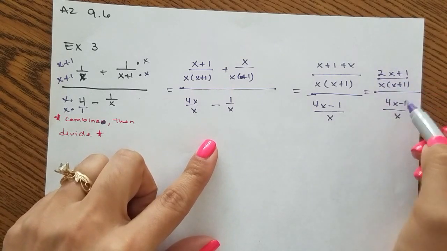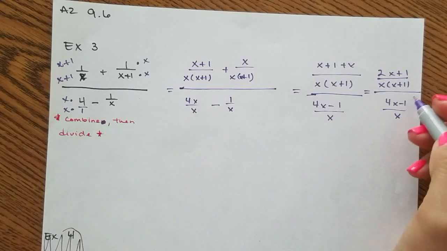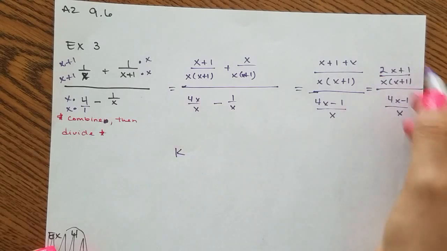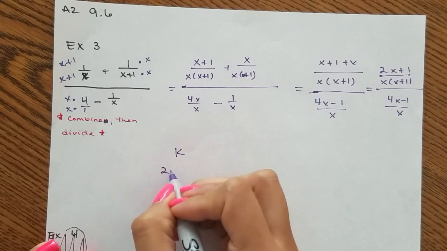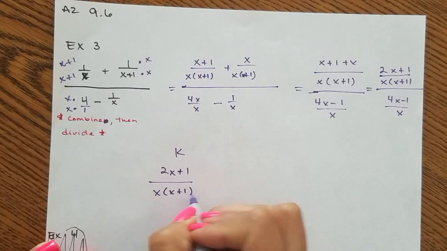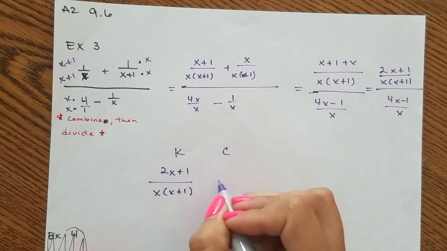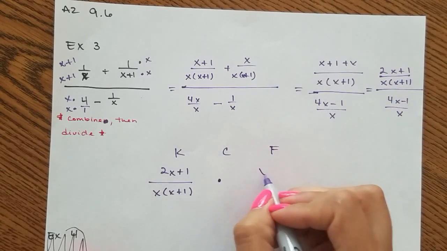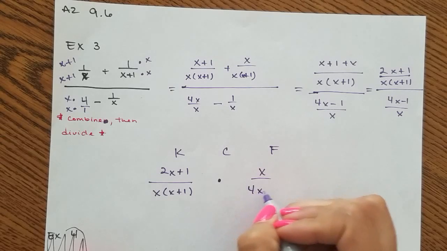Okay, numerator, denominator. So now I'm going to go ahead and do my keep, change, flip. I'm going to keep the numerator, 2x plus 1 over x times x plus 1. Change my sign to multiplication. I'm going to flip that second fraction, so x over 4x minus 1.